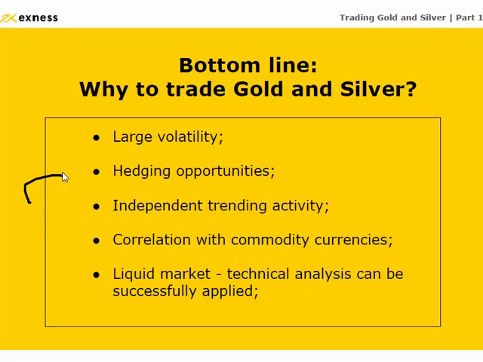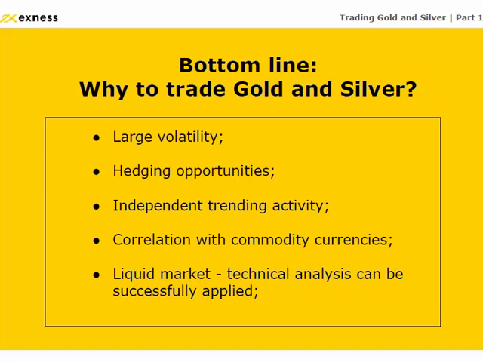Gold also has a hedging feature, and it provides hedging opportunities. In other words, when something uncertain is expected by the market, you can buy gold as a protection. Well, in reality, it is not so easy, of course, but if you are an investor, you can add some portion of gold to your portfolio and it helps you protect your portfolio.